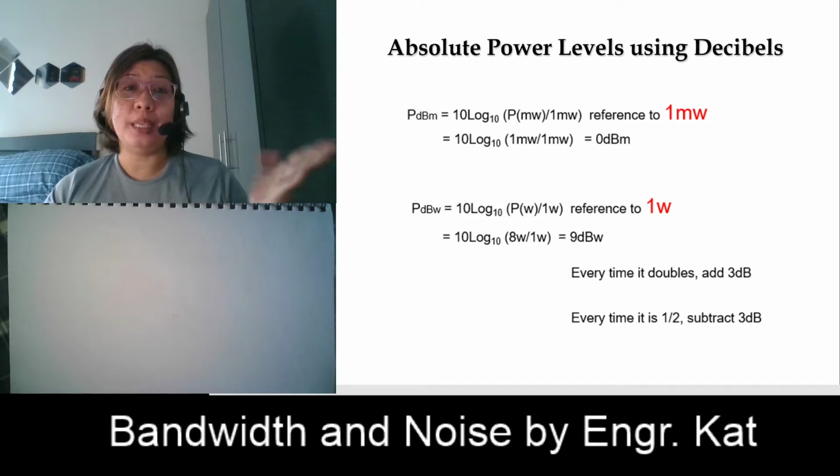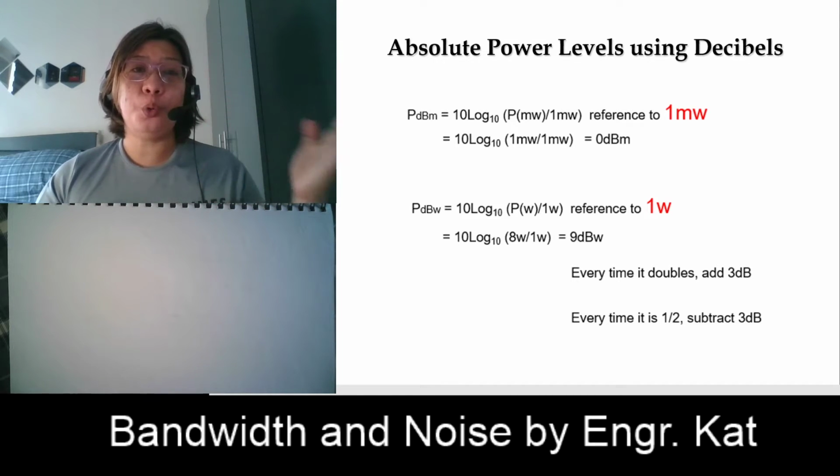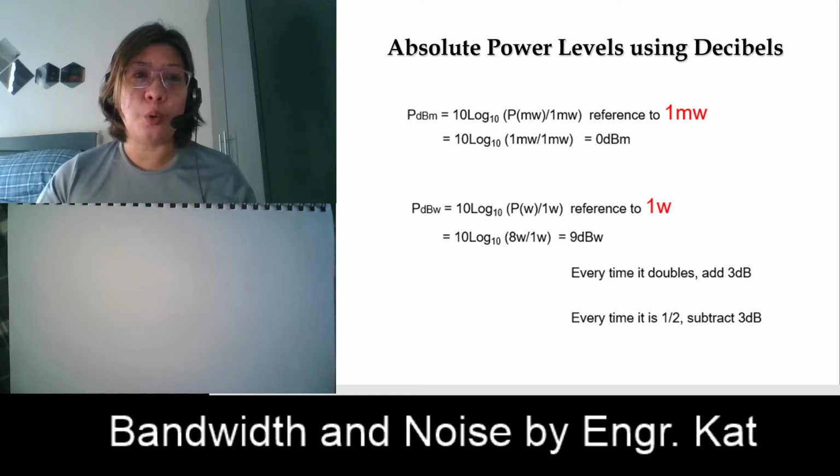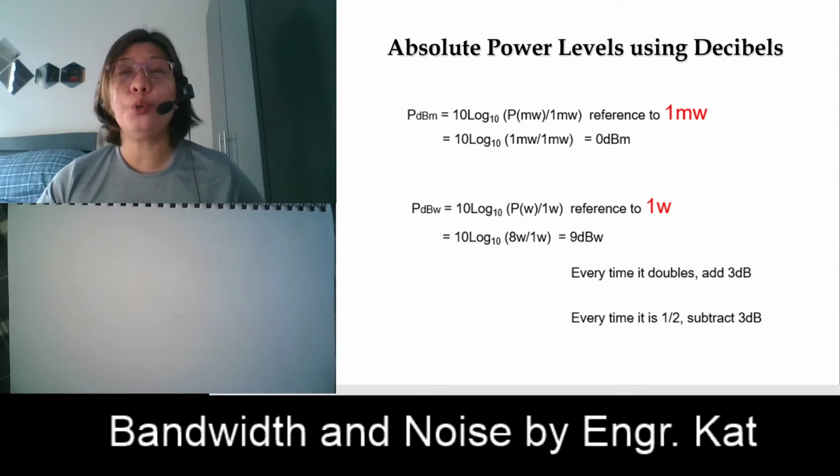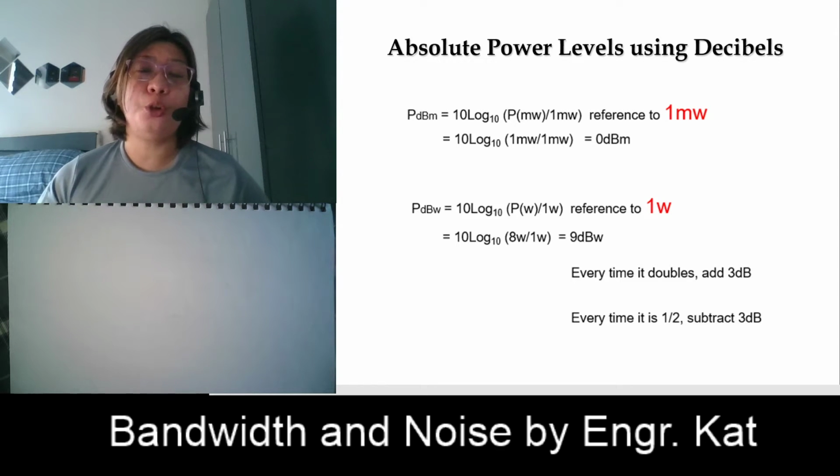When your input is equal to your output, that means you don't have gain nor loss. That is equivalent to 0 dB. So 0 dB means that your output is just equal to your input.